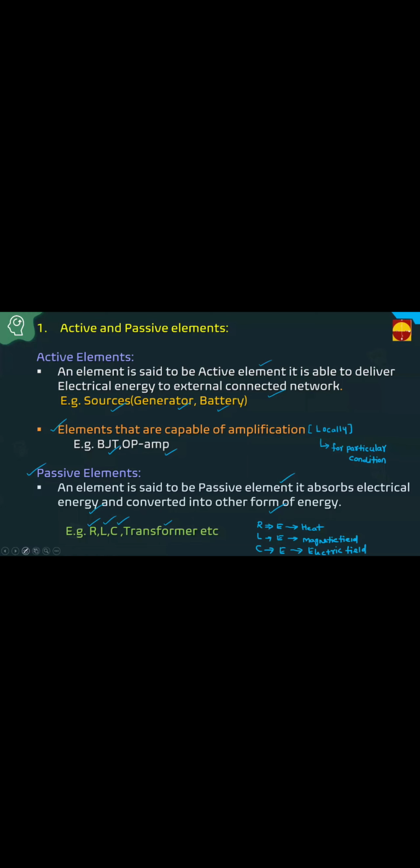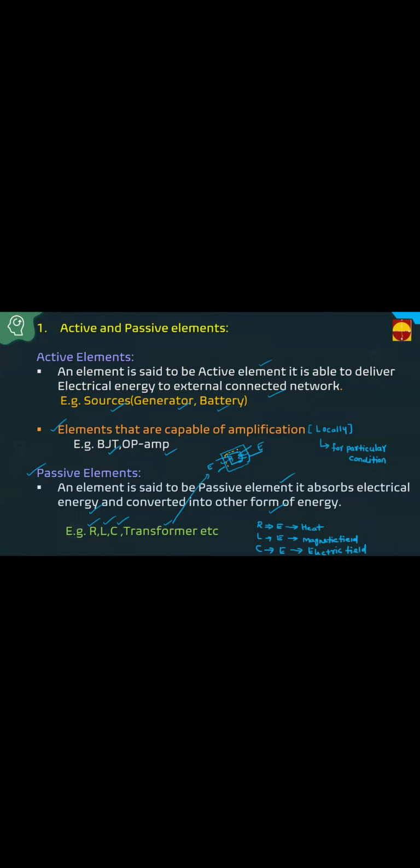What about the transformer? Externally it is not an energy conversion element, but internally it is an energy conversion element. In a transformer, input is electrical, output is also electrical, correct? But this electrical energy is converted into magnetic form.